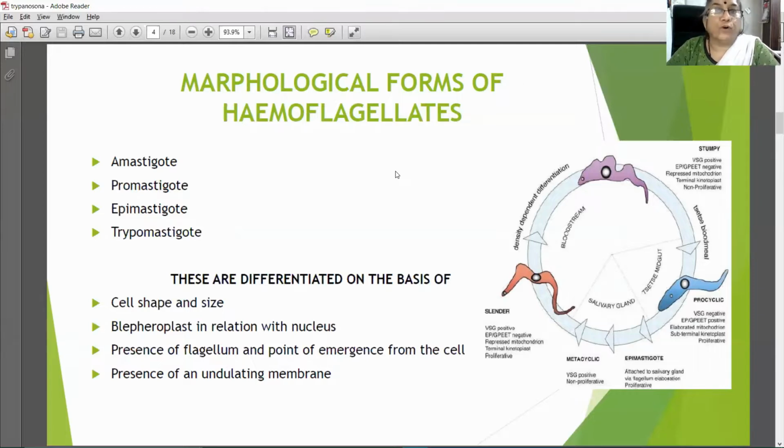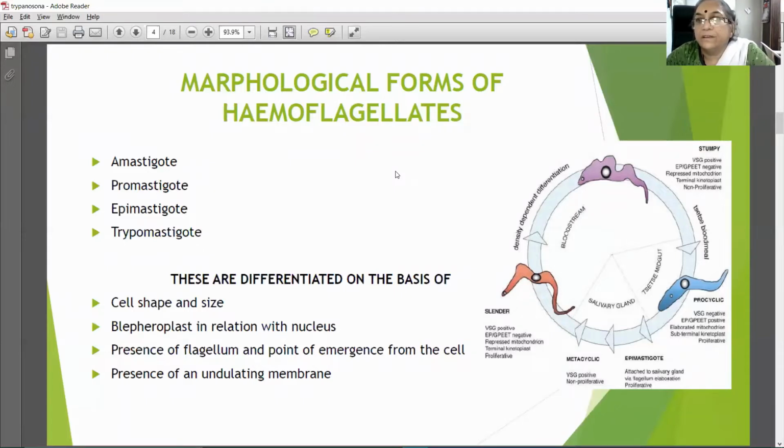All these four forms are differentiated based on the size of the cell, shape of the cell, relation of the blepharoplast with the nucleus, presence of the flagellum, point of emergence of the flagellum from the cell, and presence of undulating membrane. So depending on this, we can classify the hemoflagellates as amastigote, promastigote, epimastigote, and trypomastigote forms.